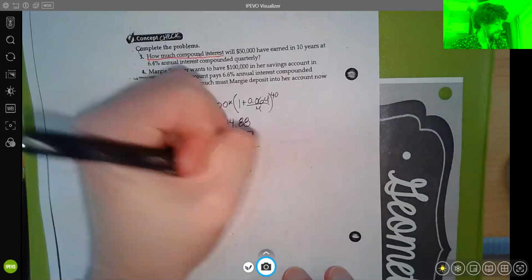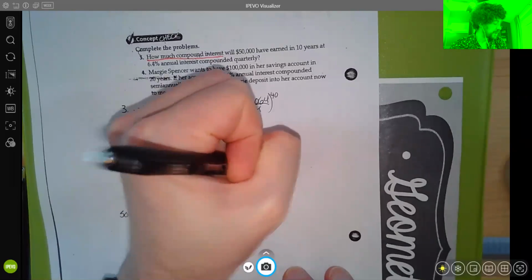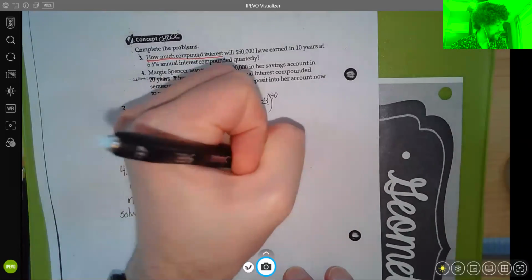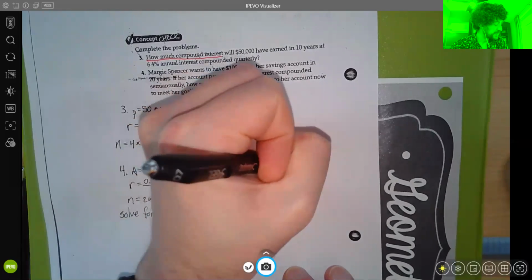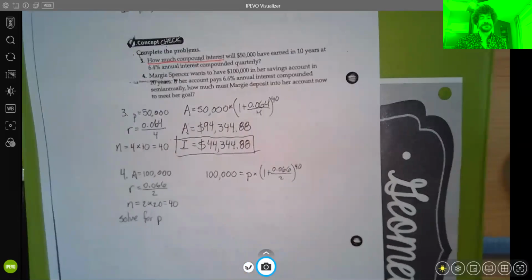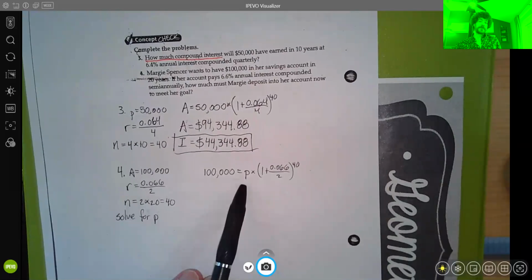So P times, everything else will look the same from here, 1 plus 0.066 over 2 to the 40th power. Now, I can't just type that in and get an answer because I've got a variable.